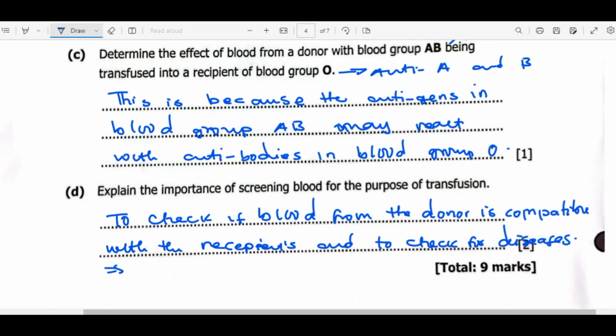So we can just say to prevent agglutination. So agglutination is just the process by which the antibodies and the antigens clump together. So this is how we can answer.